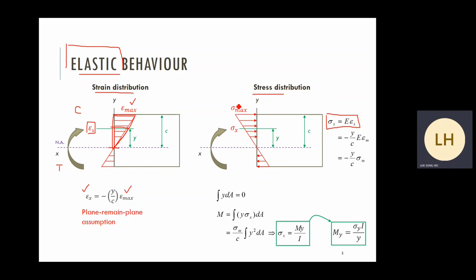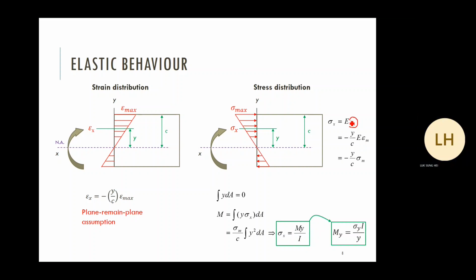There are two stresses in the picture. One is sigma x. Sigma x is the stress level at an arbitrary level, at level y above our neutral axis. Another one is the maximum stress, sigma max. Maximum stress occurs normally at the extreme fibers, maybe the top, maybe the bottom. Based on our previous formula, we can replace strain, epsilon x, using our maximum value, epsilon max.